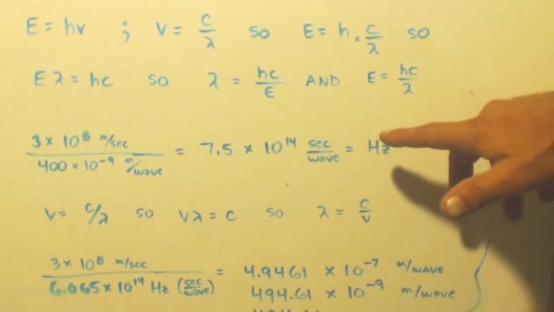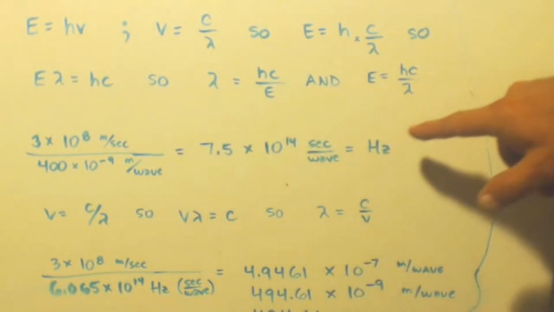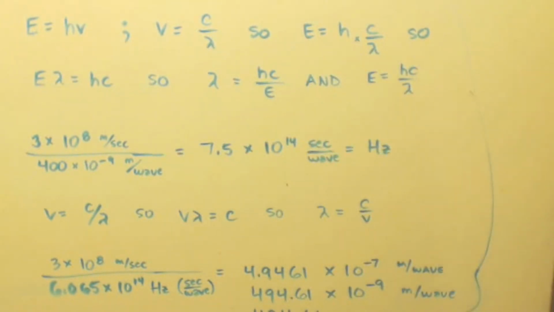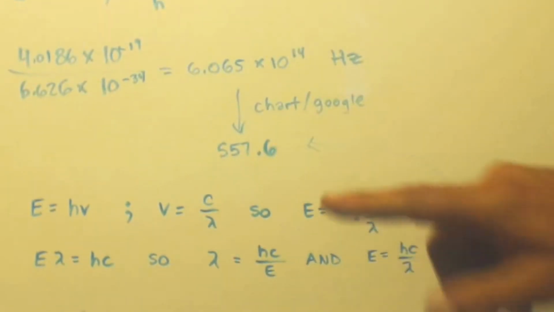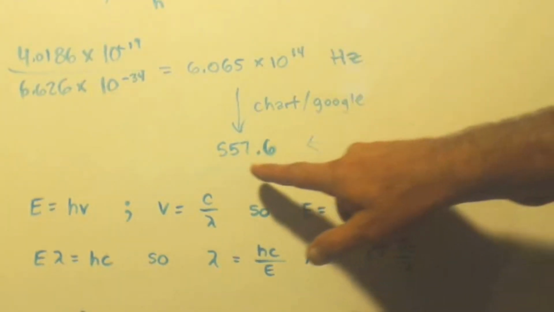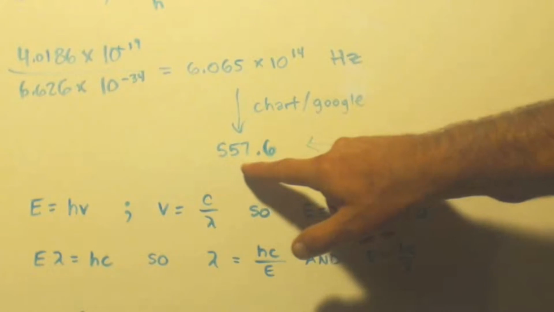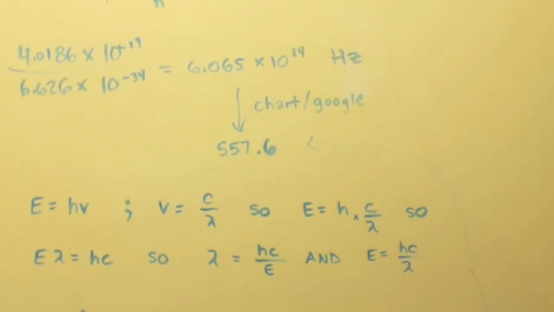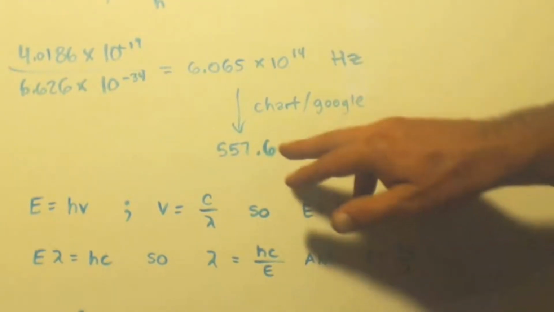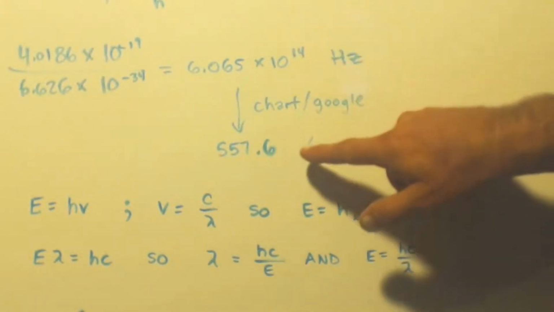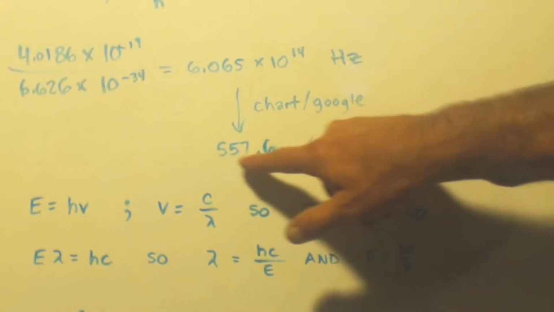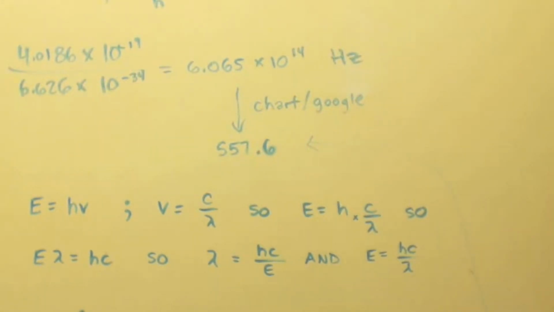Okay, now, so we did that. Let's check this now, right? Remember this? This is how many nanometers you would need to break a chlorine-chlorine bond, right? And we said this was the hertz, and then I got on the chart to be this, 557 nanometers.